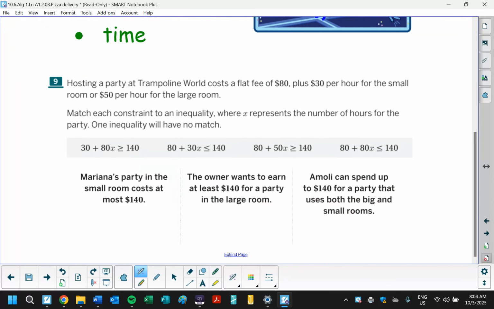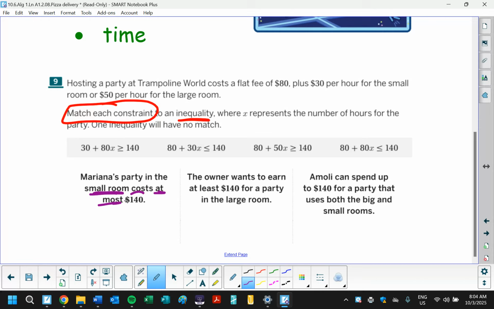We're supposed to match each constraint to its given inequality. So I'm going to go down, and I'm just going to mark the text first. Mariana's party in the small room, okay, that's important, costs at most $140. Now I'm thinking at most means she can spend $140. She can spend less than $140, but she cannot spend more.